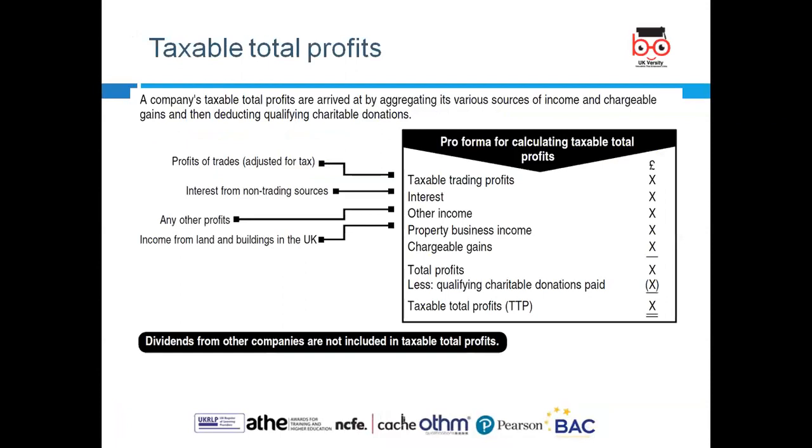So in our assignment, when we pick an example, we will include it to look at this learning outcome. The company's taxable total profit is arrived at by aggregating the various sources of income which we can tax: trading, interest, other income, property income, chargeable gains; total profit less qualifying charitable donations gives the taxable total profit.